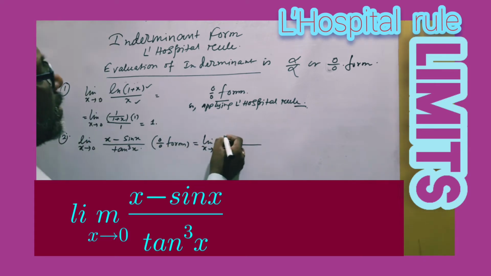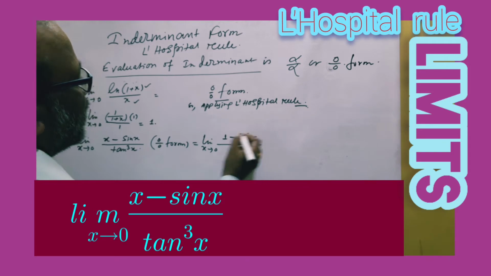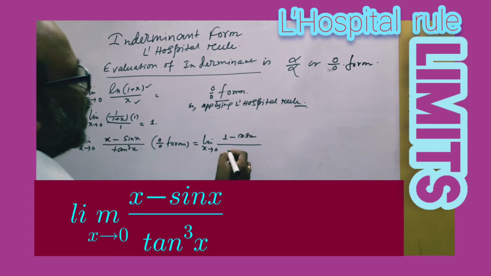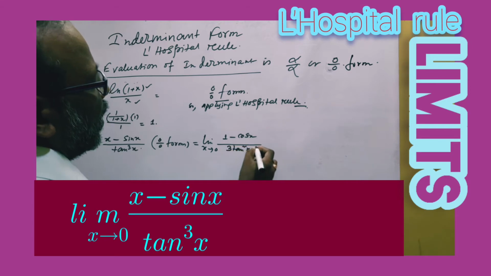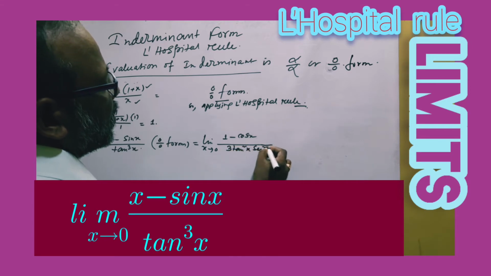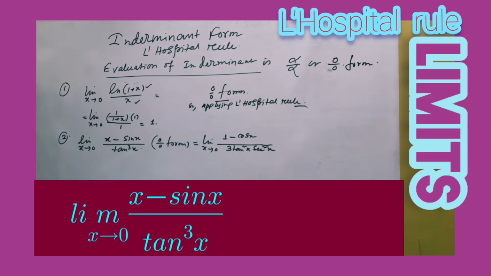If we differentiate, we get 1 minus cos x in the numerator, and the differentiation of tan cube x is 3 tan square x, and the derivative of tan x is sec square x.